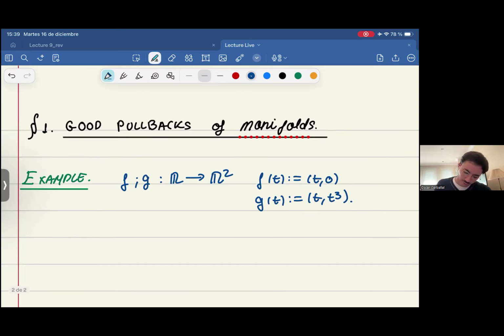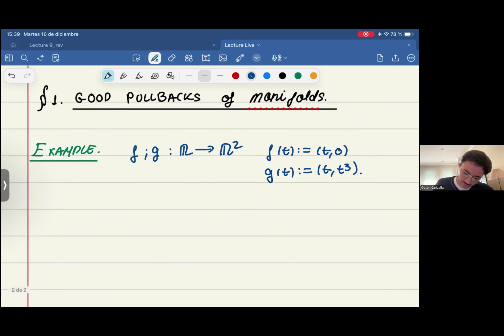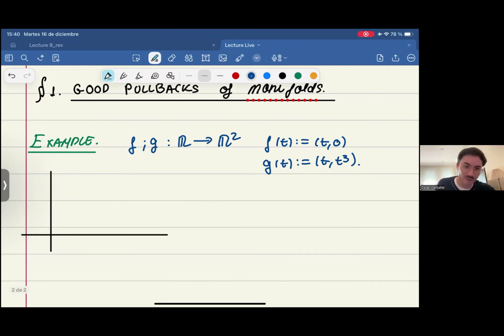The image of these two smooth maps is the following: this is the y-axis, this is the x-axis, and f(t) is this one here, and our g is this three-degree polynomial.